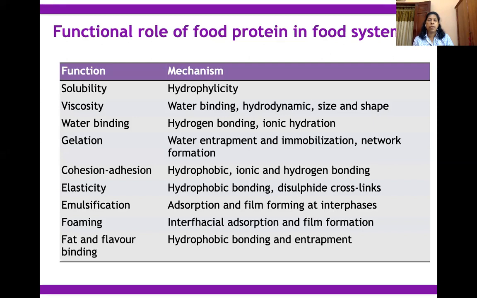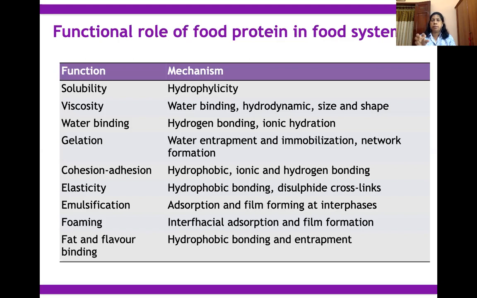Interfacial adsorption and film formation ability of the protein give a foaming function to the product. Then hydrophobic bonding and entrapment of the protein, that mechanism produces the fat and flavor binding function to the product. Now you can see all these mechanisms mean an ability.